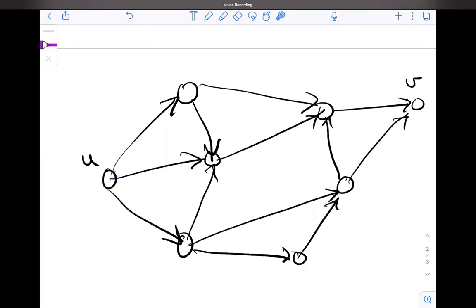Now imagine this: you are taking a flight from, say, Calcutta to New York. You want to find out the cheapest way you can go from Calcutta to New York.